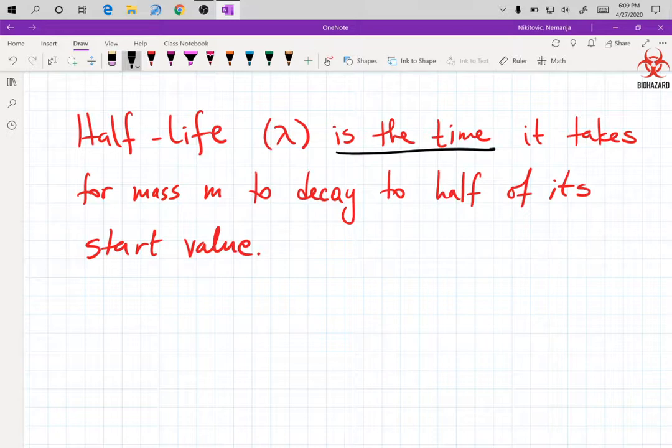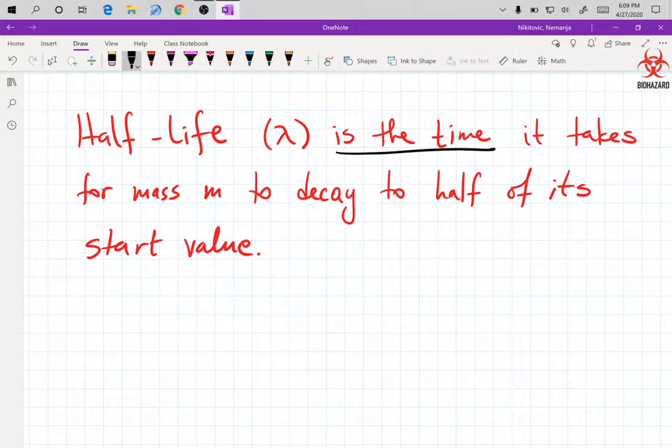So the meaning is, if you have something that is decaying, and I don't care whether it's organic or inorganic matter, a radioactive element or whatever it is, it's decaying, it's losing mass. Half-life is measuring the time it takes to lose half of its mass.